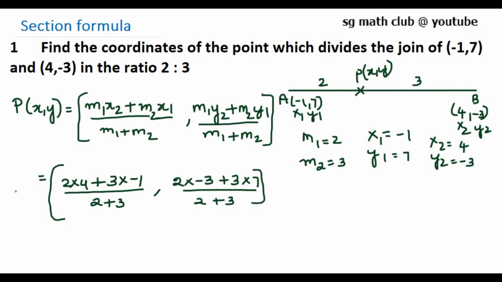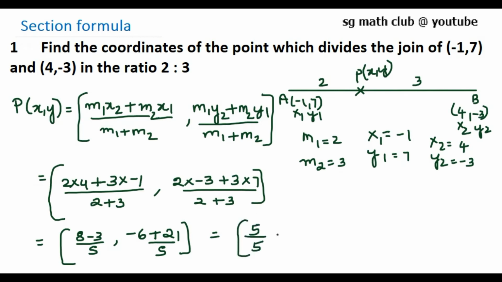Now we need to simplify this. This is equal to (8 minus 3) divided by 5 and (-6 plus 21) divided by 5. 8 minus 3 is 5, 5 divided by 5, and 21 minus 6 is 15, 15 by 5.